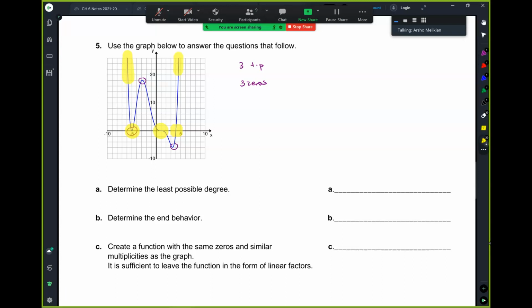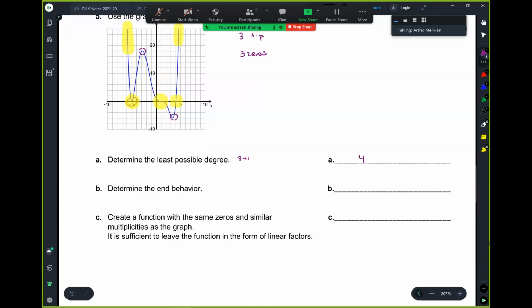That means this has an even power, right? So if it has 3 turning points, 3 plus 1, 4 is the lowest possible degree, okay? Now it could be 6, right? But it can't be 5 or 7, okay?